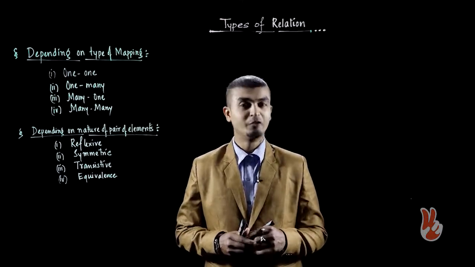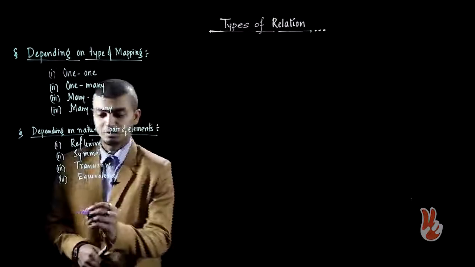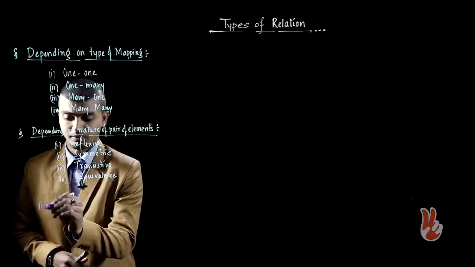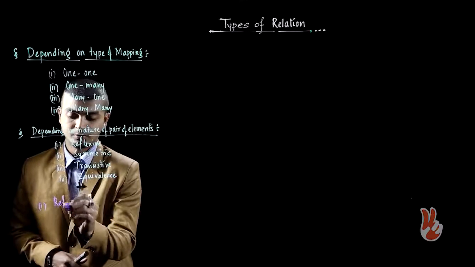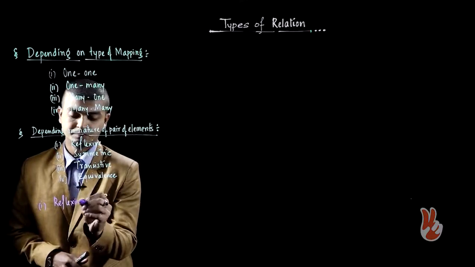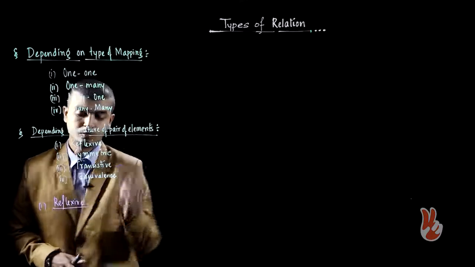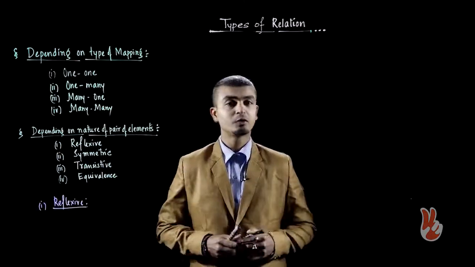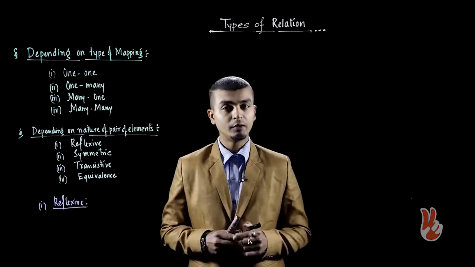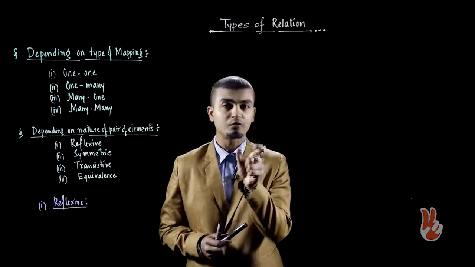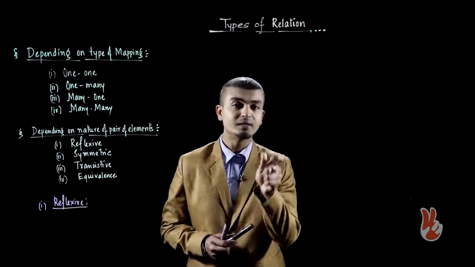Number 1 is reflexive relation. So by the meaning of the word reflexive, we mean that the reflection of the element is present in the set itself.